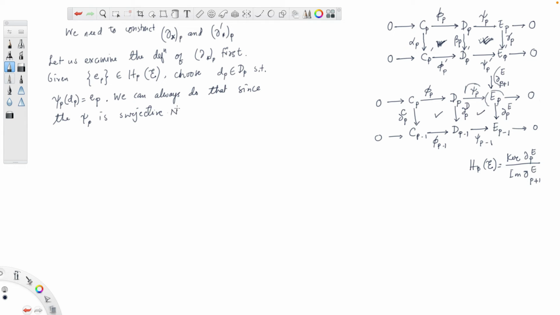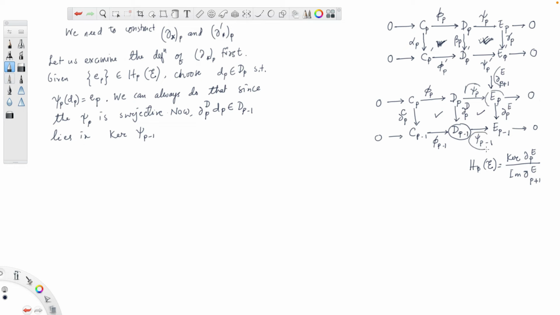Okay, so this was one thing. Now del_p^D(d_p) is in D_{p-1}, and this element in D_{p-1} lies in the kernel of psi_{p-1}.